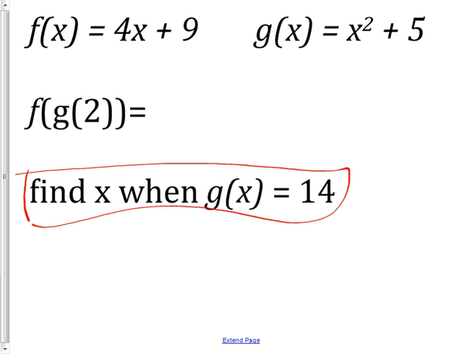Try it. All I ask you to do is write out g of x. Instead of g of x, put a 14. But you might think the answer is super simple from here, but do it and see if you get an answer that makes sense to you.